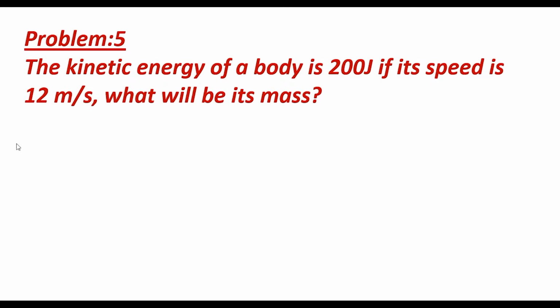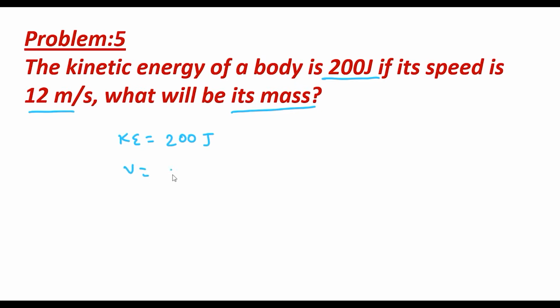Let us look at the next problem, number 5. In this problem we have to find the mass of the body when kinetic energy and speed are given. What will be its mass? Kinetic energy is given as 200 joule.